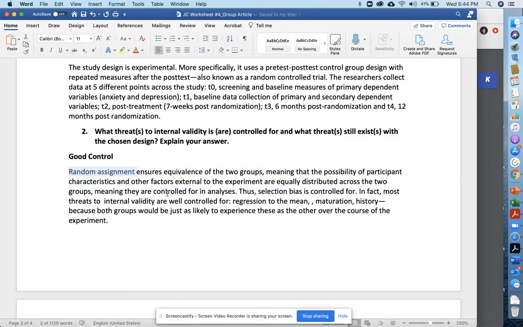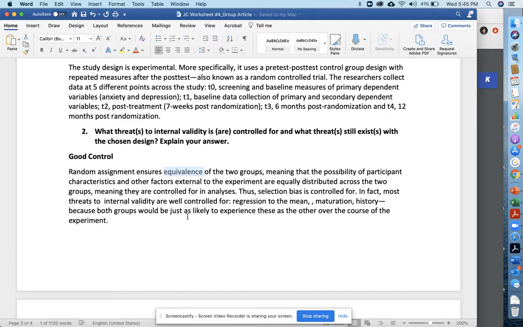This ensures equivalence of the two groups. Since the participants are randomly assigned to the two groups, all of the things that might be different about those participants are equally distributed between the two groups.